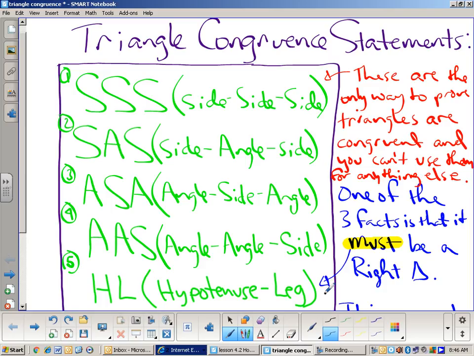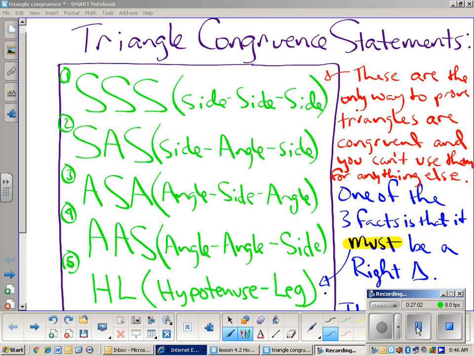So even where there's only two letters, H and L, H stands for hypotenuse, L stands for leg, we're talking about a right triangle. So we have to identify one of our facts in our proof as the fact that it's a right triangle. Okay? Alright. Pause while you finish copying.